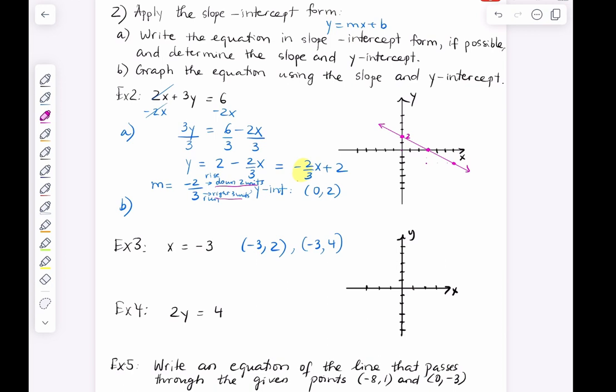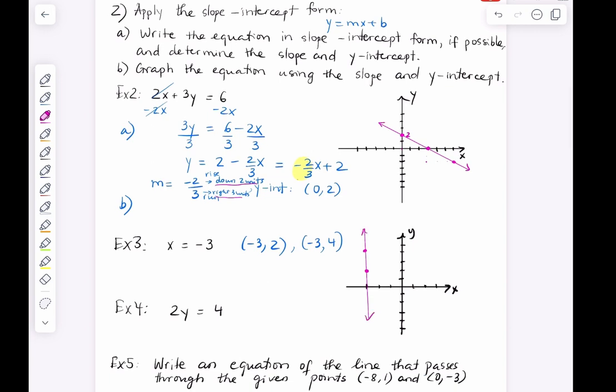So (-3, 2), that's going to be right here. And then we have (-3, 4). So -3, and then up 4. It's right here. And then you connect these points, and as you can see, you get a vertical line.